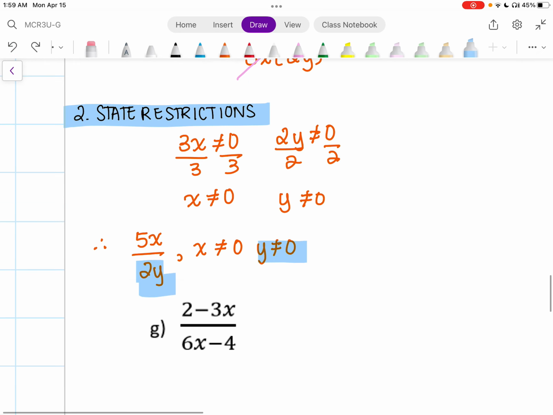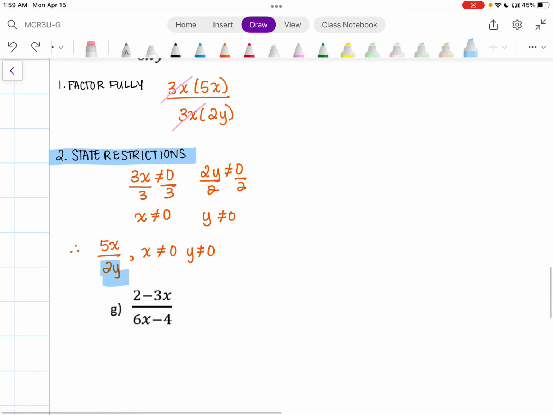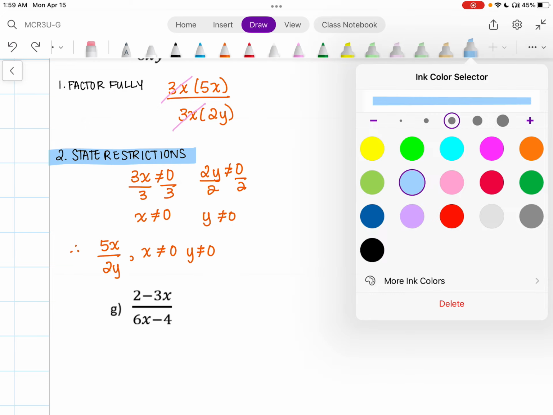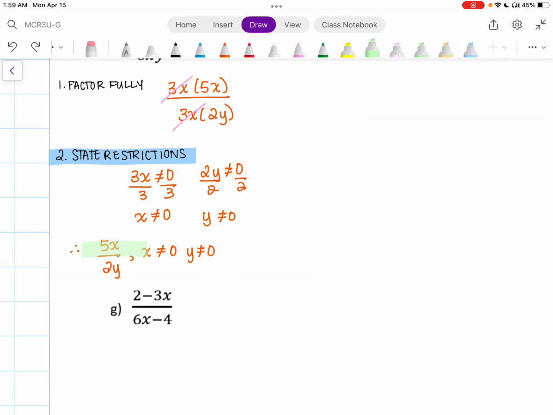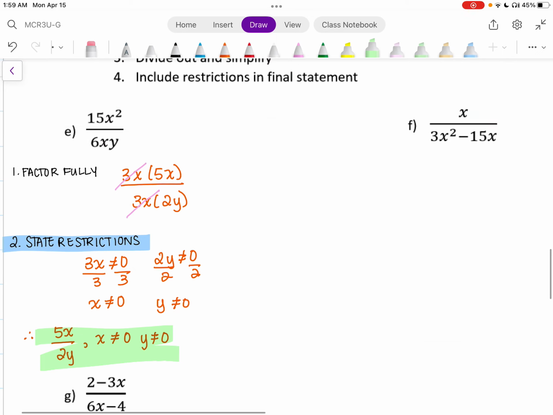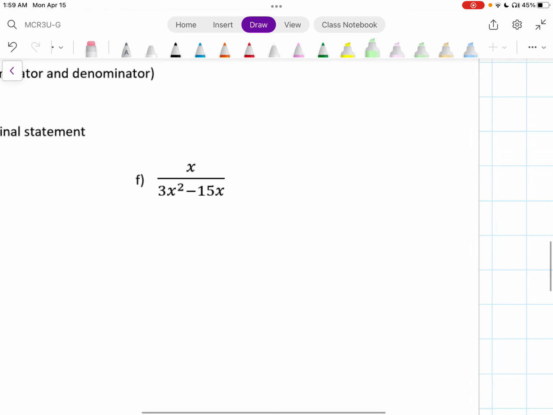So you need to state your restrictions before you start crossing anything out, because when you put it back into the equation, x is still a restriction. It's not as obvious in the final answer because you don't see the x in the denominator once you've simplified everything out. That's why you need to state the restrictions like that.